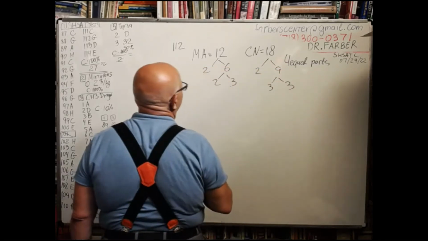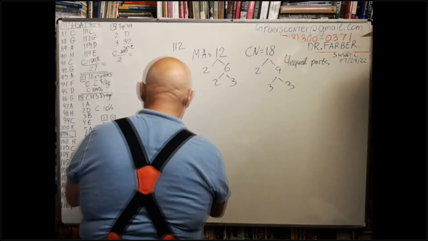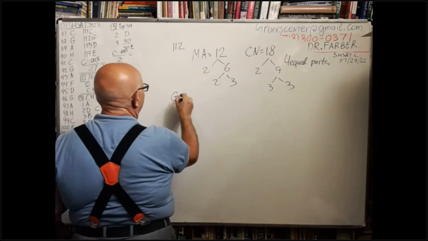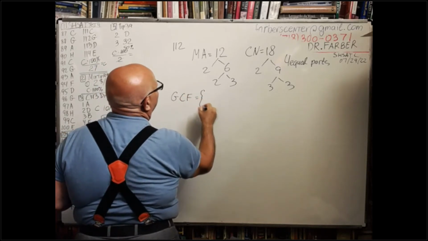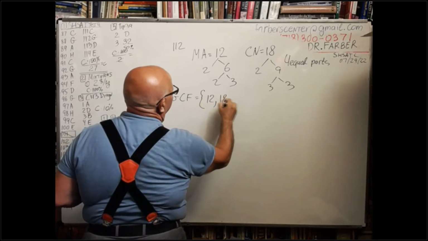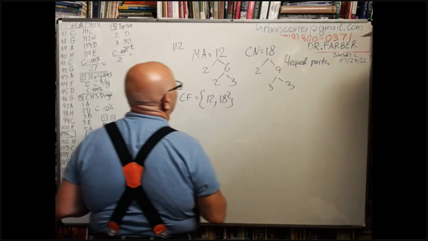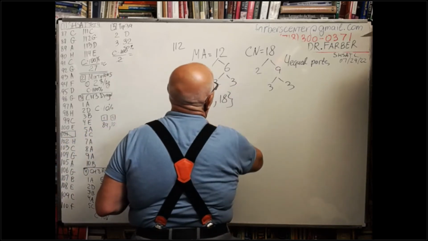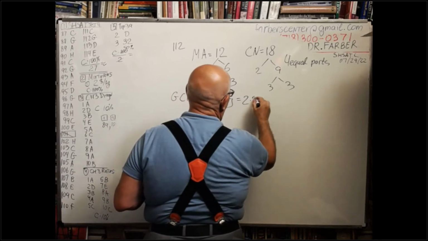What is GCF? Greatest common factor. GCF of 12 and 18. We have the smallest part 2 and 3, right? 2 times 3, which is 6.